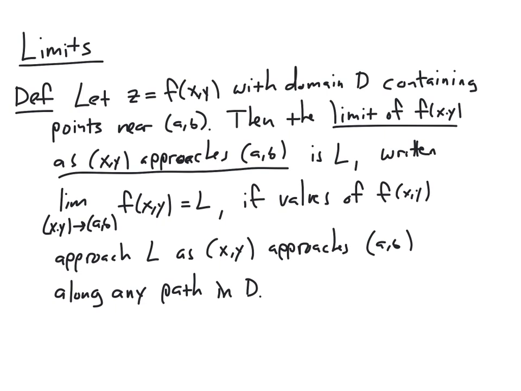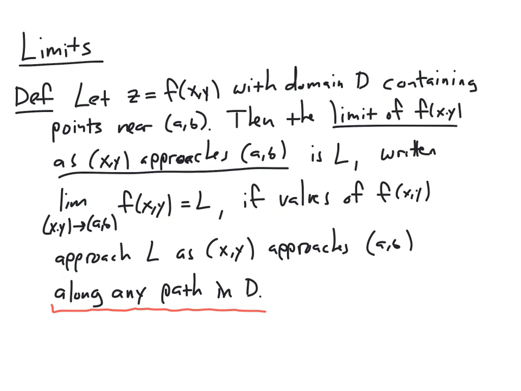However, the thing I want to really point out here is these last five words of this definition. (x, y) needs to approach (a, b) along any path in the domain.